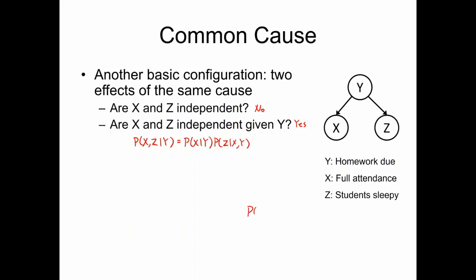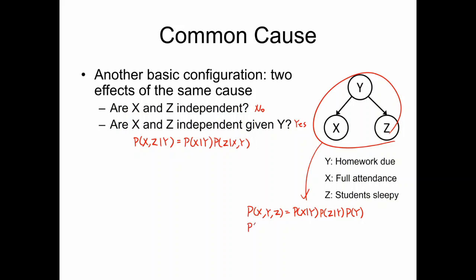Again, the probability of x, y, and z all happening is the same as the probability of x given y times the probability of z given y times the probability of y. And that's based on the structure. But using the chain rule, we also know that this equals the probability of y times probability of x given y times probability of z given x and y.